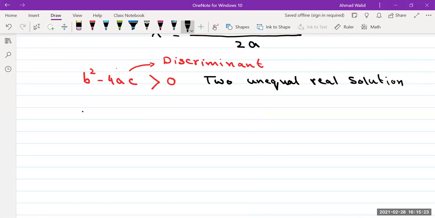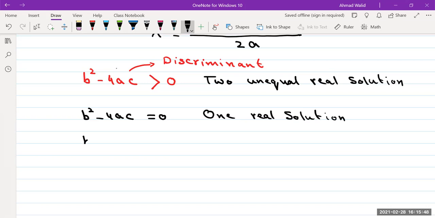Possibility number 2. If b squared minus 4ac, your discriminant, is equal to 0, in this case, your quadratic equation will have one real solution.